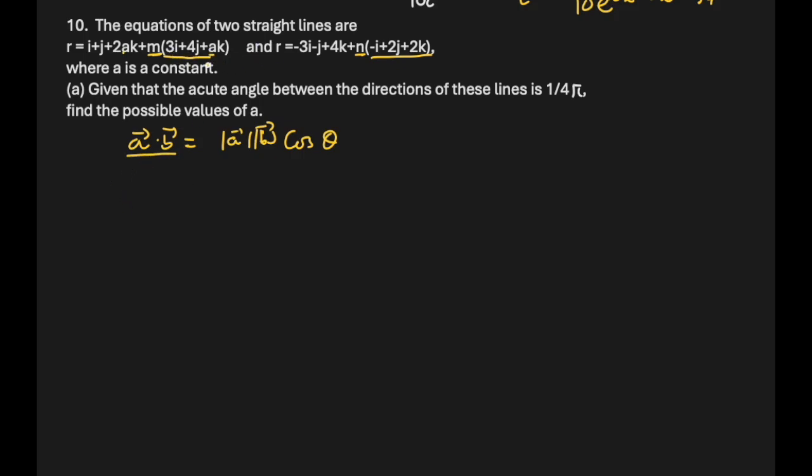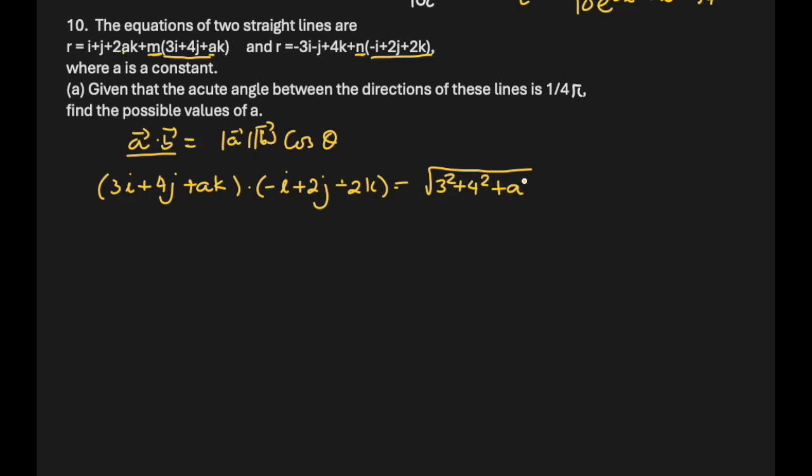So a will be 3i plus 4j plus ak dot minus i plus 2j plus 2k will be equal to magnitude of a, which is square root of 3 square plus 4 square plus a square, and multiplied by square root of minus 1 square.